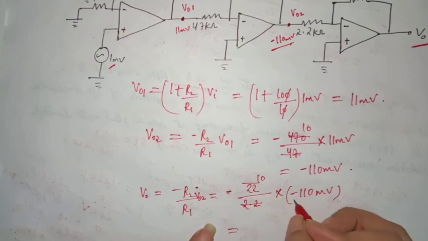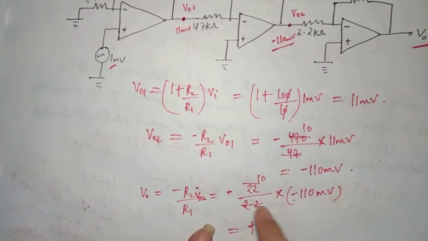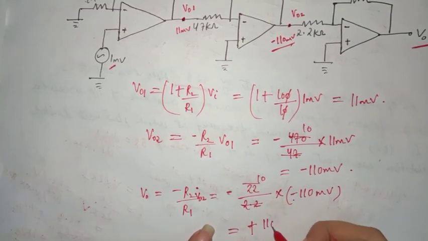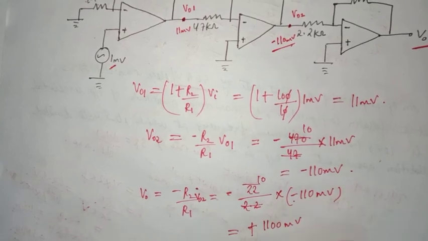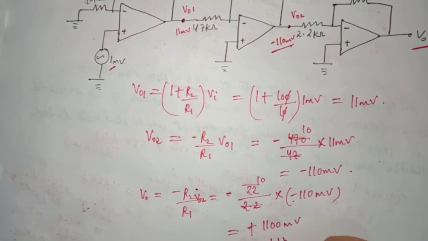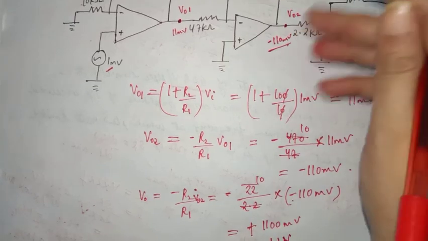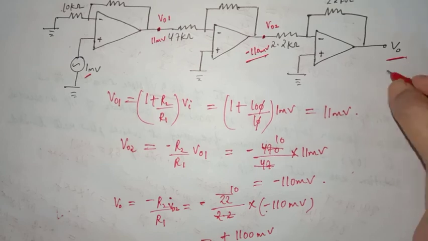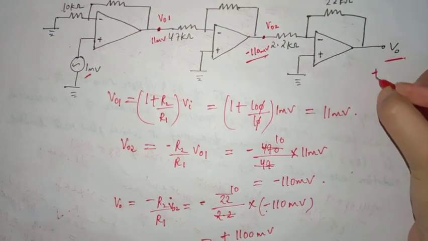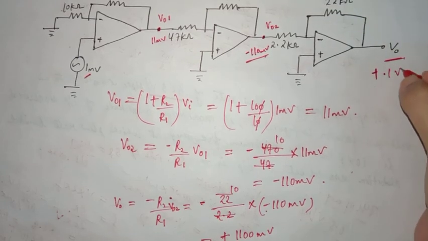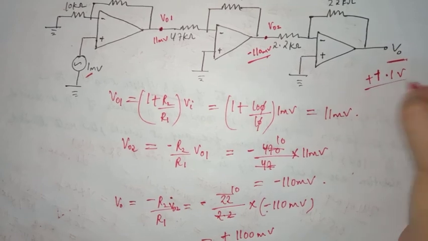So minus minus will get plus, and 1100 millivolt, or we can write it as 1.1 volt. So the total output voltage across this is 1.1 volt, and this is a plus.